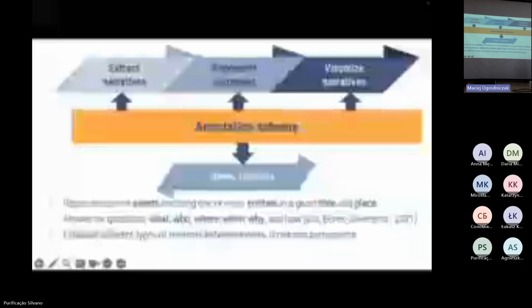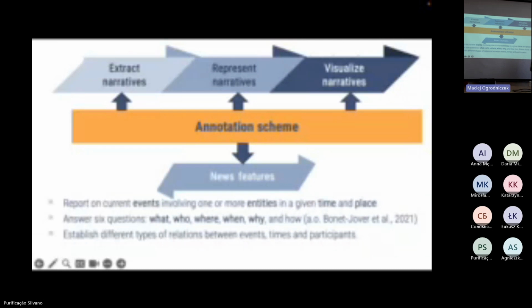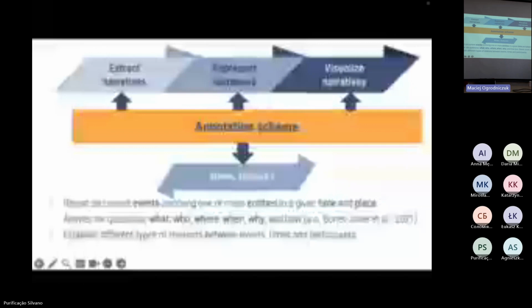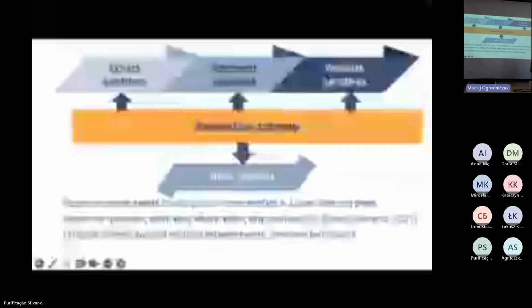As you know, typically a news item has to answer questions like who, what, when, where, why, and how. So we had to have our annotation scheme able to represent this key information. And the news also establishes different types of relations between events, between time expressions, and other kinds of relations.